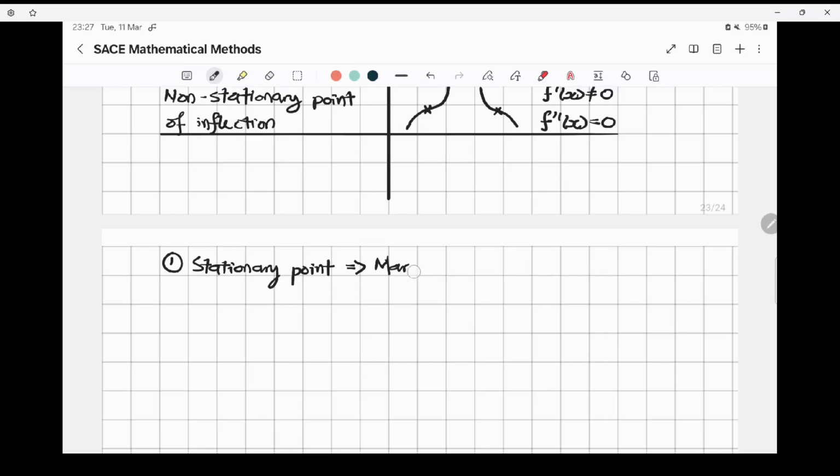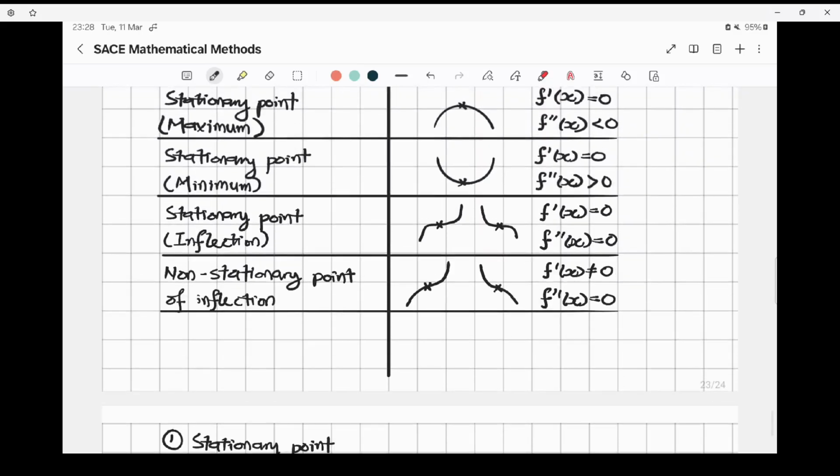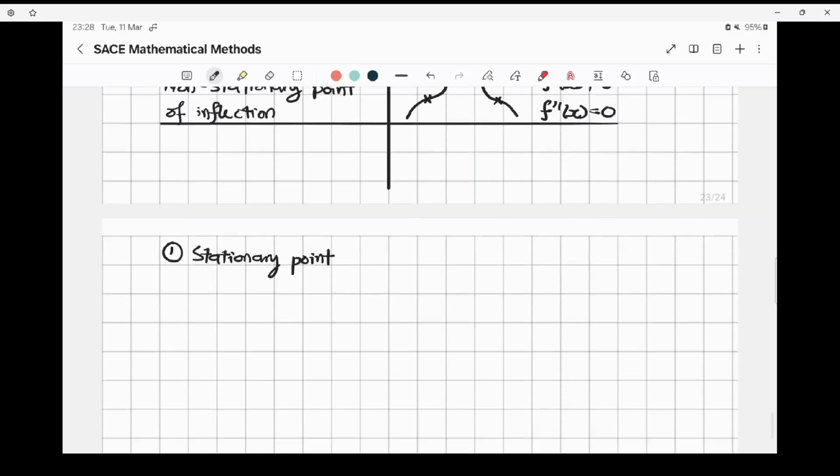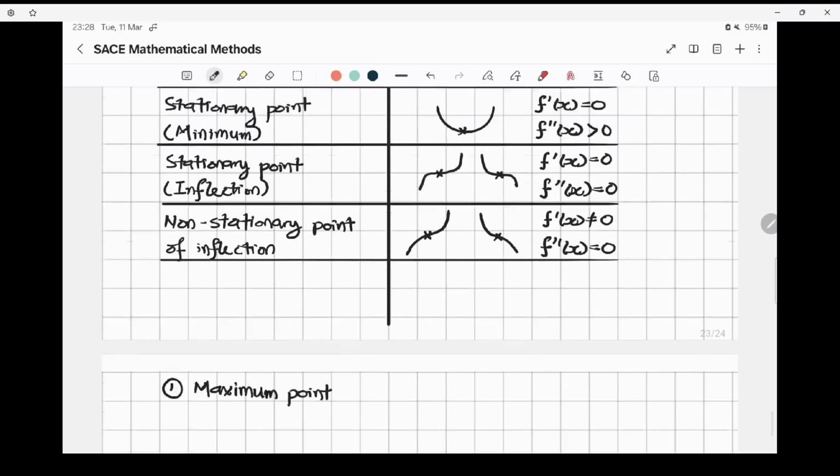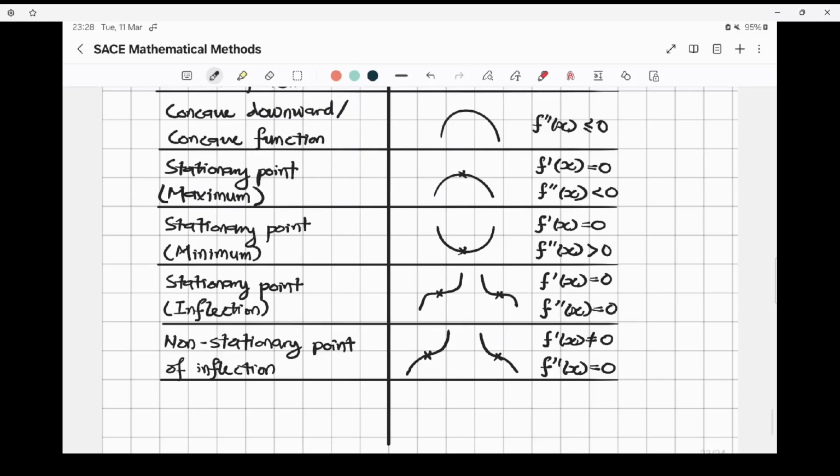Okay, let me define it properly. Let's look at the maximum point first. The maximum point marks the change from an increasing function to a decreasing function.